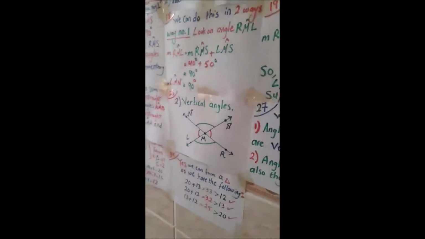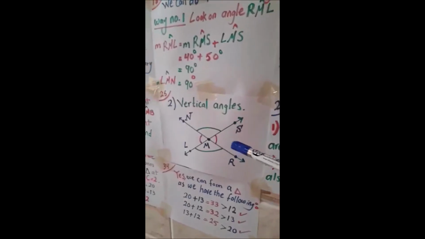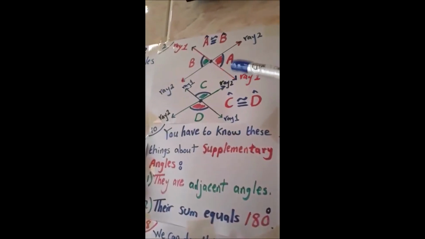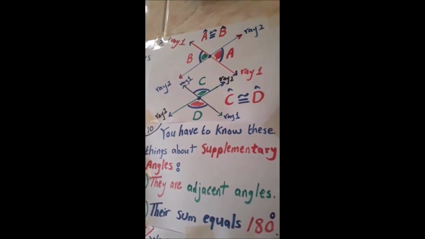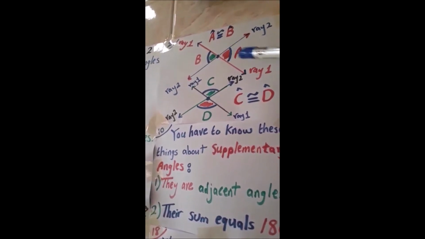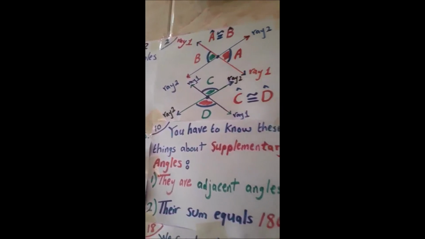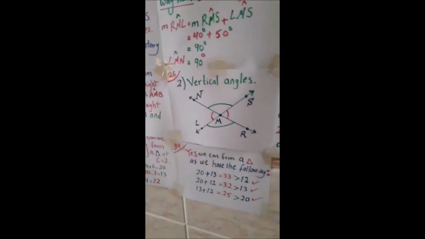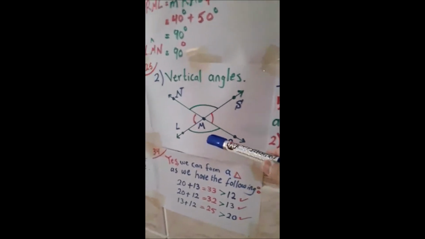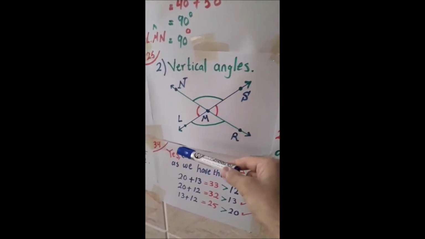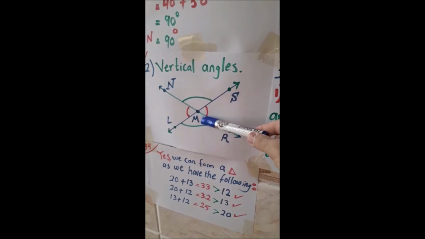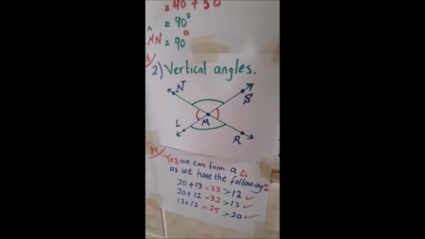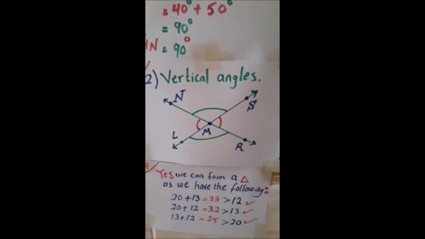The second important thing, if we go up, is the same as this: it goes again to the vertical angles. Either these two angles are acute, or these two angles are obtuse. Here we have two lines, LS and NR, intersecting at point M. We have two pairs of vertical angles.